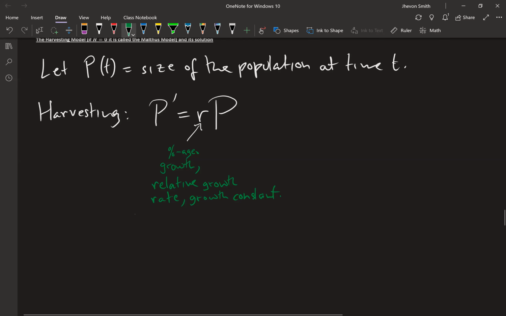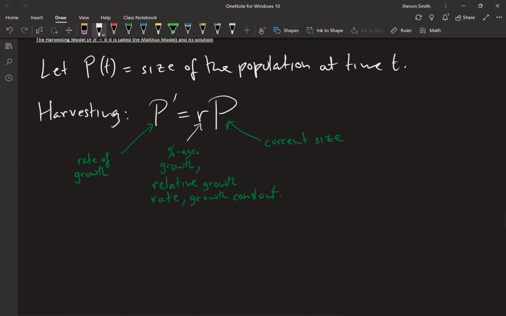P prime in this case is called the rate of growth. Don't mix up rate of growth with growth constant or relative growth rate. And that's P prime, and P is the current size of the population. So this is making the assumption that based on the current size of the population, it's growing by a certain proportion, which we call r.